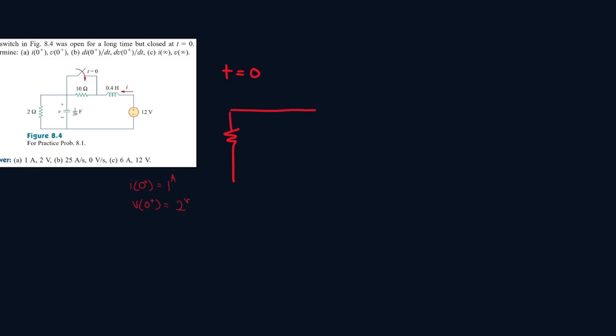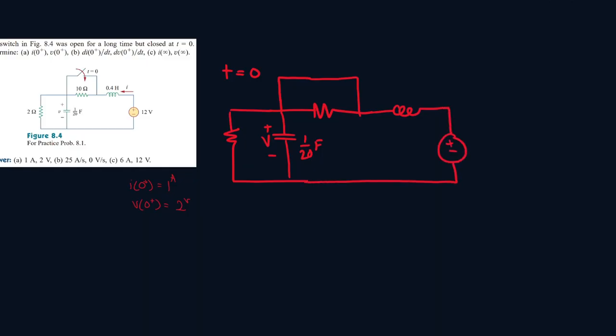Let me draw this bigger. The first thing we see is this resistor is pretty much useless, because all the current will be traveling through this wire, since this wire has no resistors.